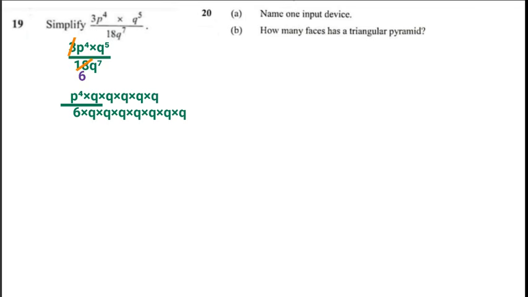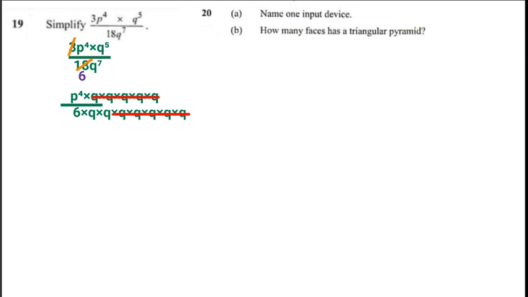So in this case, we're going to subtract 7 minus 5. It's just the same as cancelling 5 q's from each. So down here we'll cancel 5 q's, and there on top we'll cancel 5 q's. When you count the q's I've cancelled, they are all 5.